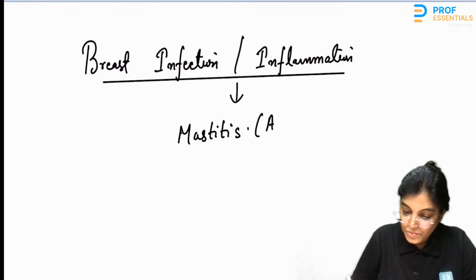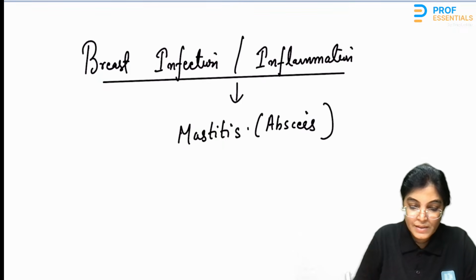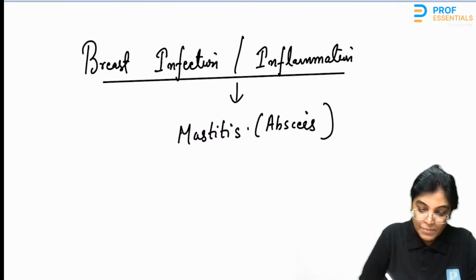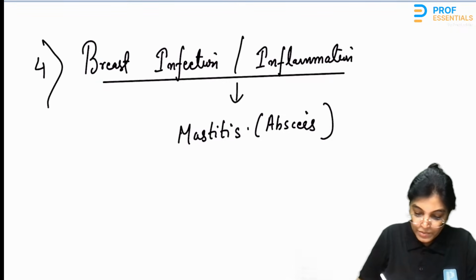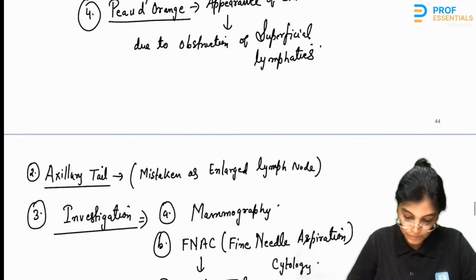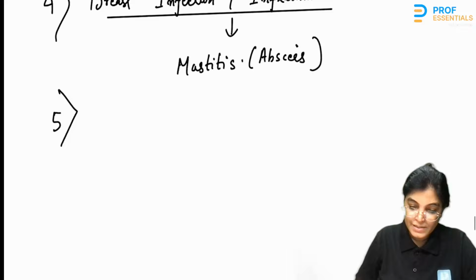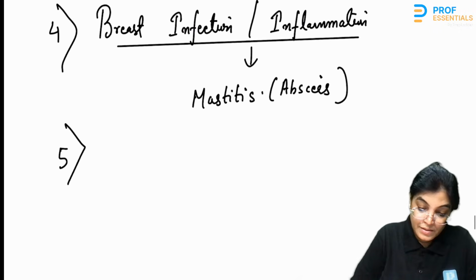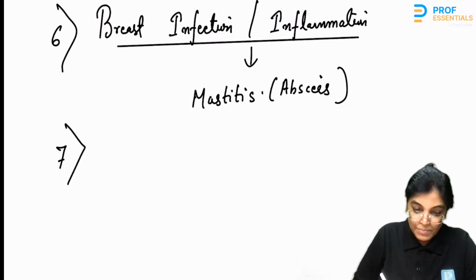This can be by the formation of abscess. That was the 6th applied, and this will be the 7th applied. The other applied is tumor.